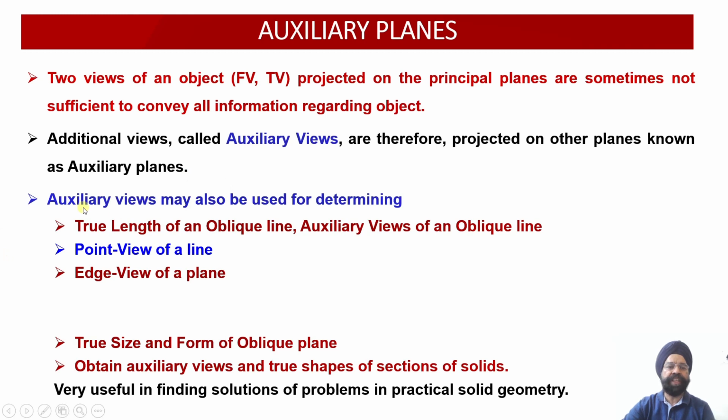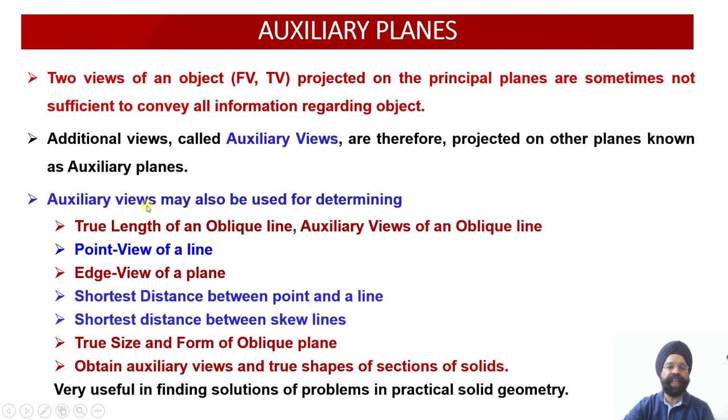The applications of the auxiliary planes we have already discussed in the previous three lectures. We have discussed obtaining the true length of the oblique line, obtaining auxiliary views of the oblique line, and determination of the point view of a line and the edge view of a plane.